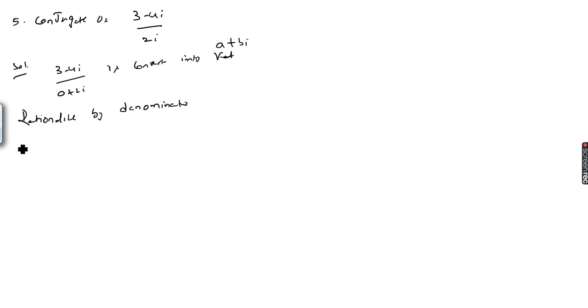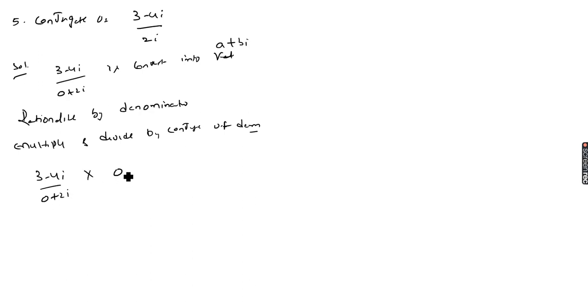Multiply and divide by the conjugate of the denominator. So we get (3 minus 4i) by (0 plus 2i) into (0 minus 2i) by (0 minus 2i).